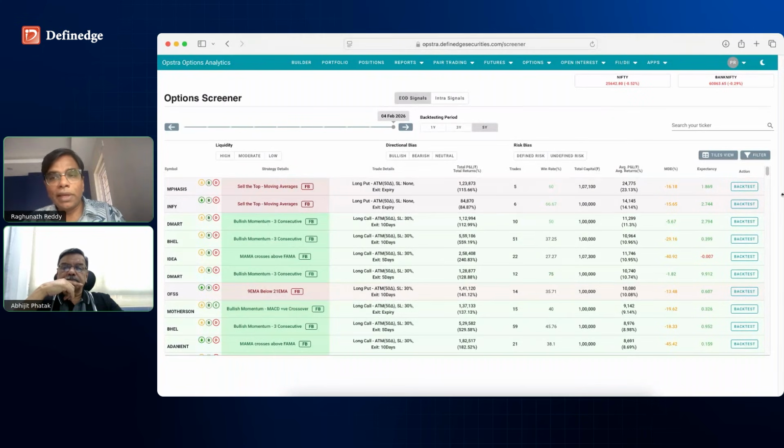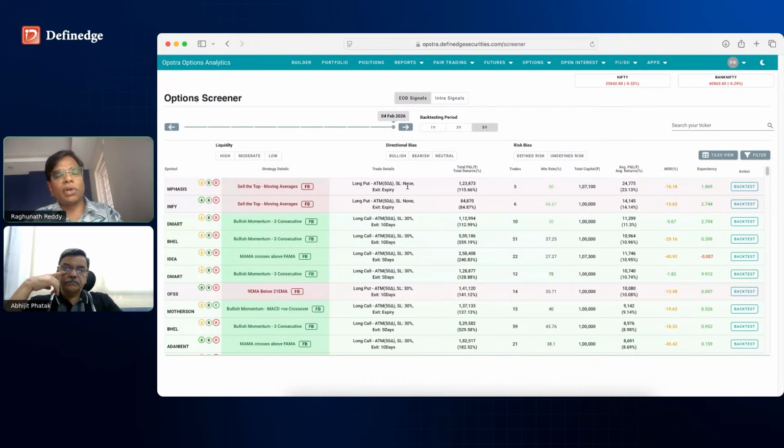And finally, we have a link to backtest, which on clicking will take you to our options backtesting platform, which is called OPSTRA, and which I will show you in a bit. So we can also do even more further backtesting if you are not satisfied with the conditions that we have used to do the backtest.